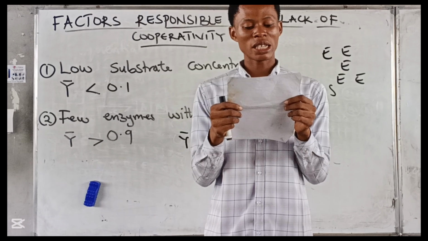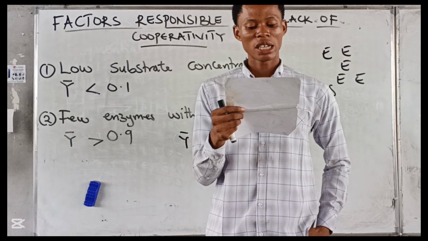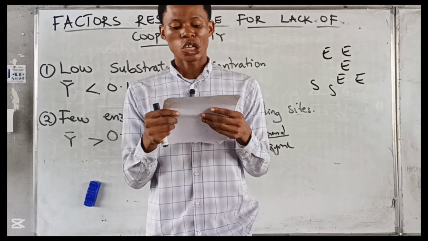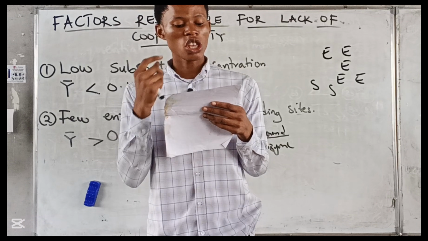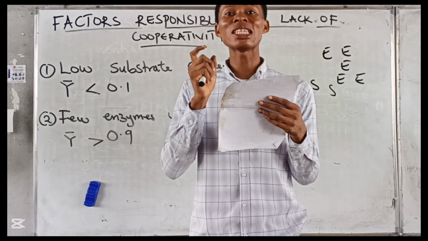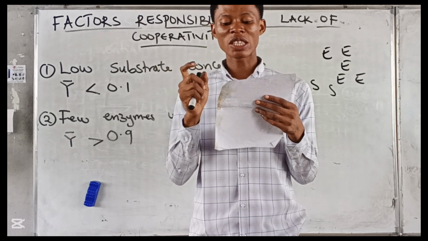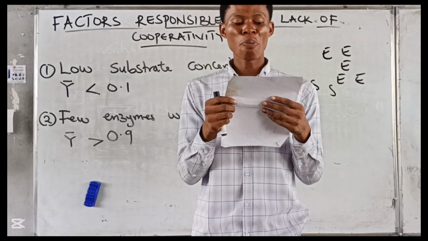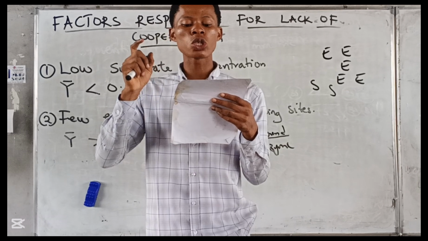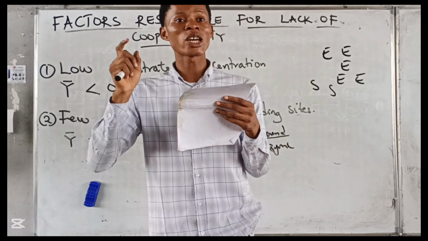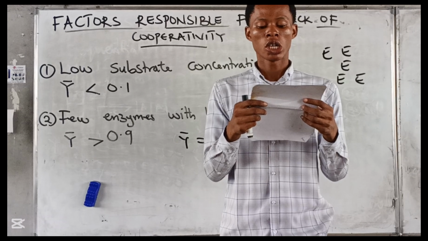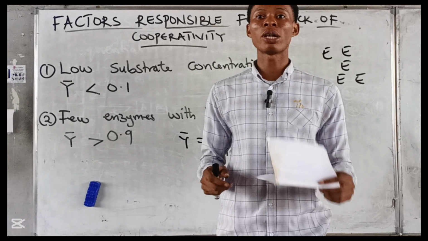If binding a ligand to enzyme is positive and cooperativity is expected, what may be responsible for the fractional saturation to be below 0.1 or above 0.9?